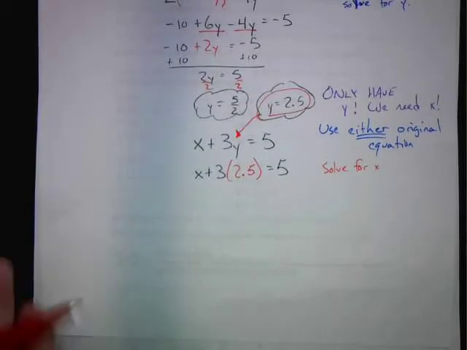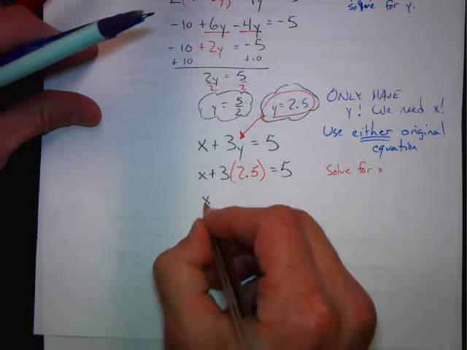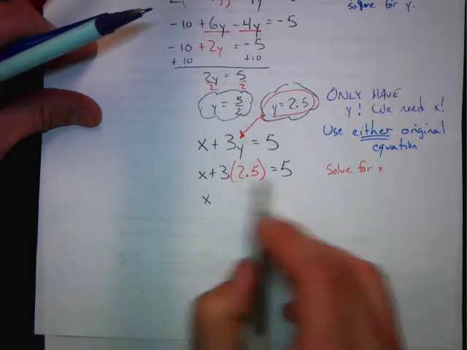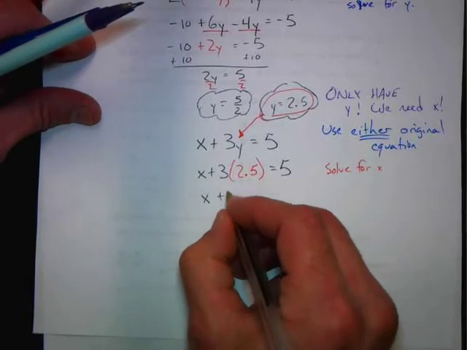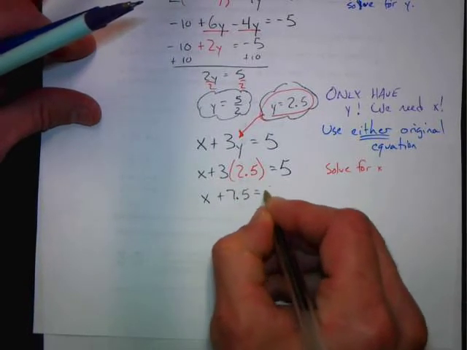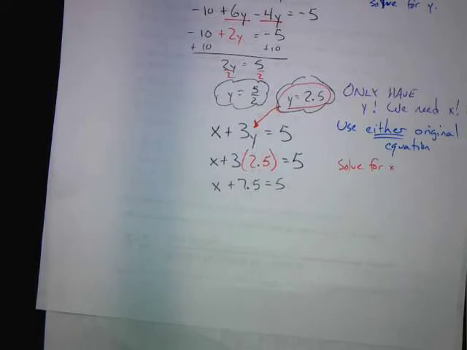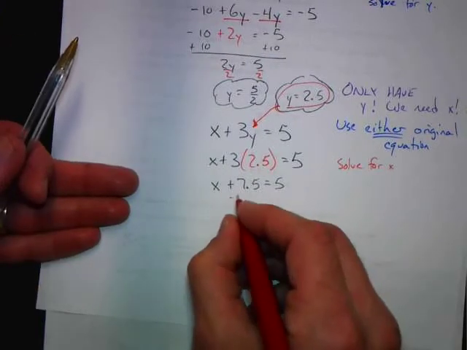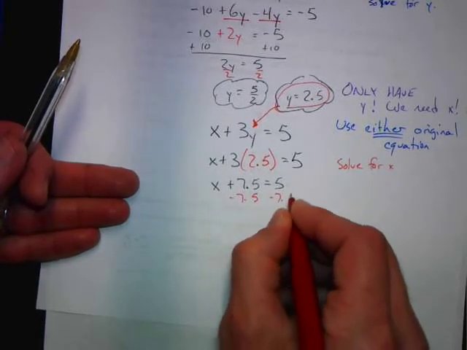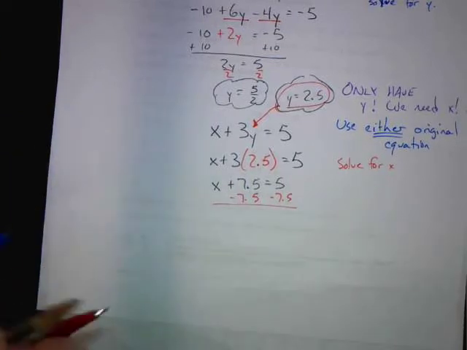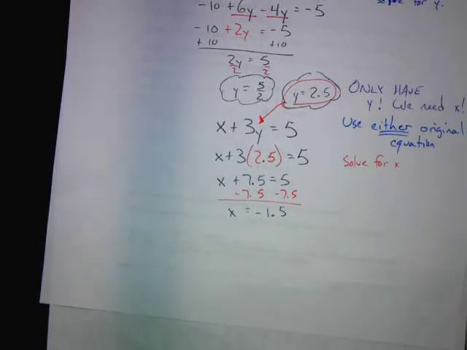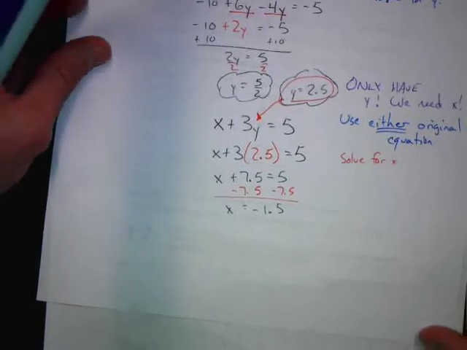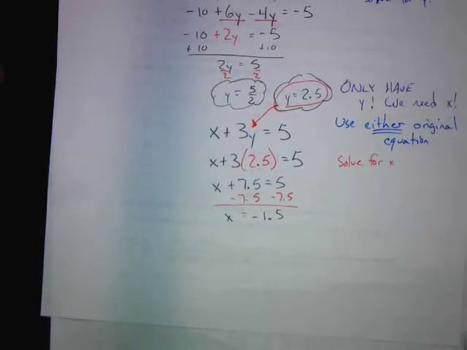So we have x plus, and then 3 times 2.5 should give us 7.5, and that will equal 5. And then we solve for x. We can subtract 7.5 on both sides. So x will equal negative 1.5. I think that's what I'm getting. So there's our x coordinate.